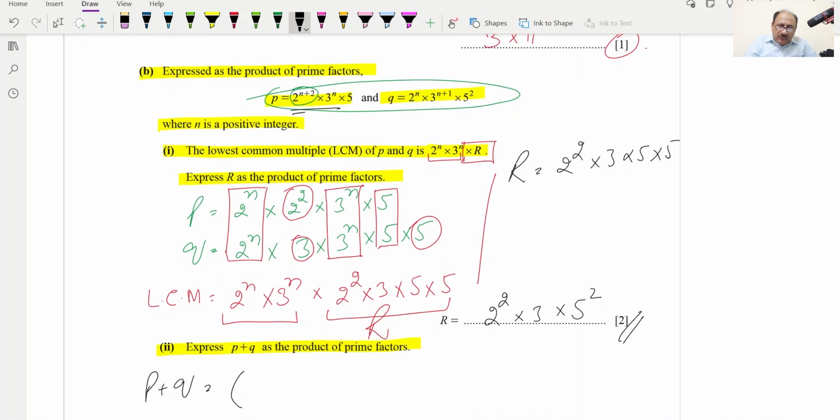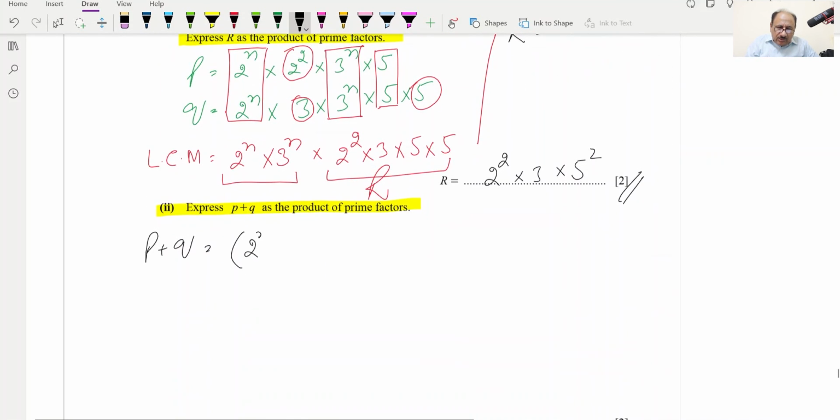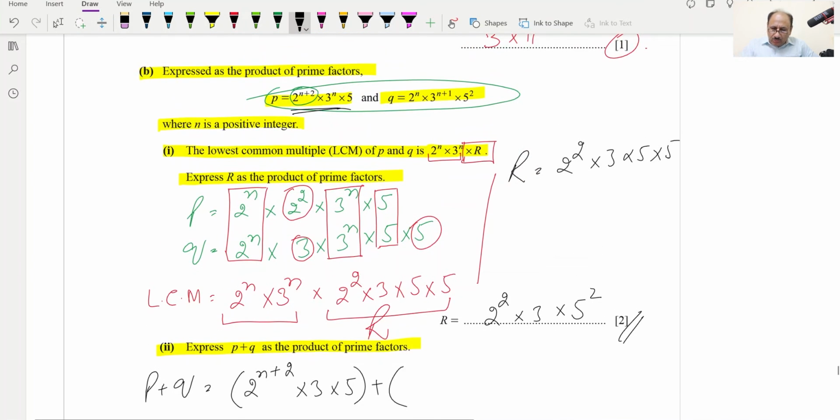So I'm copying from here, 2 raised to the power n plus 2 into 3 into 5, and plus q also we can copy, which is 2 raised to the power n into 3 raised to the power n plus 1 into 5 squared.